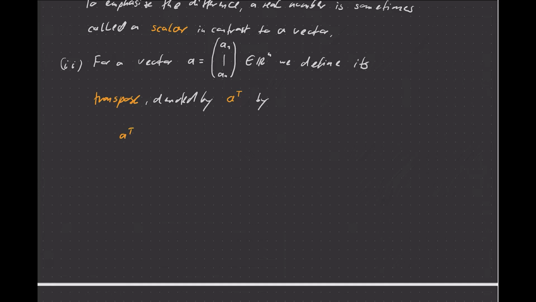The transpose of a vector a, which is a column vector like this, a1 to an, is simply the row vector with the same entries. And of course, we can do the same for row vectors. If we take a row vector and transpose that, then the result is the column vector with the same entries.